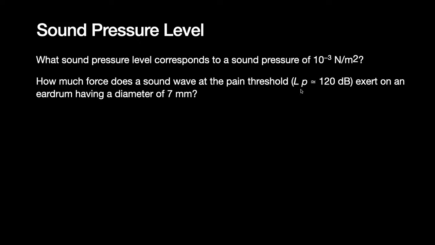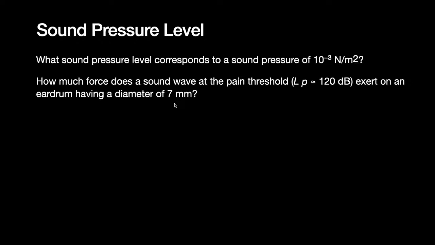You know the value of P0, and if you do your simple calculation, that will yield the value of P. You will get pressure. Once you get the pressure, let me know how much is the pressure. Once you know the pressure, you can calculate the force acting on the eardrum.